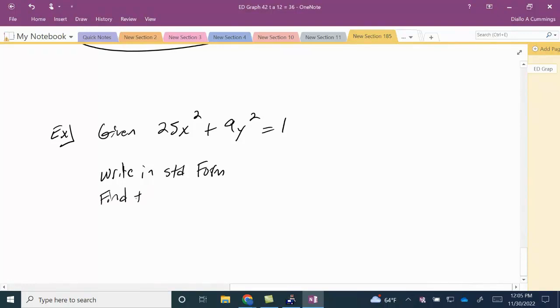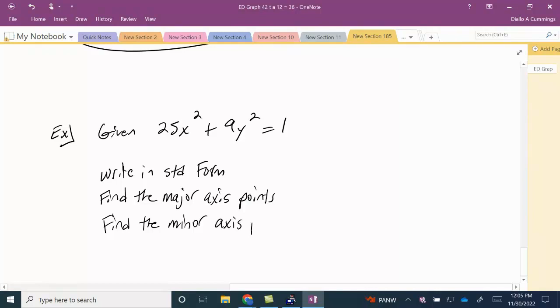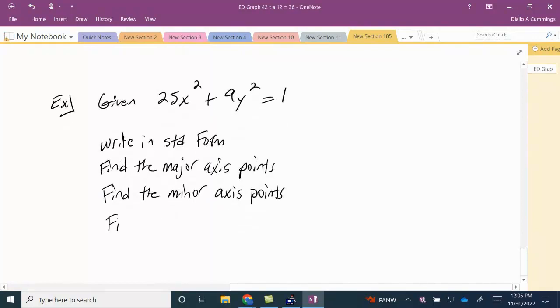We want to find the major axis points. We want to find the minor axis points. And we also want to find the foci.